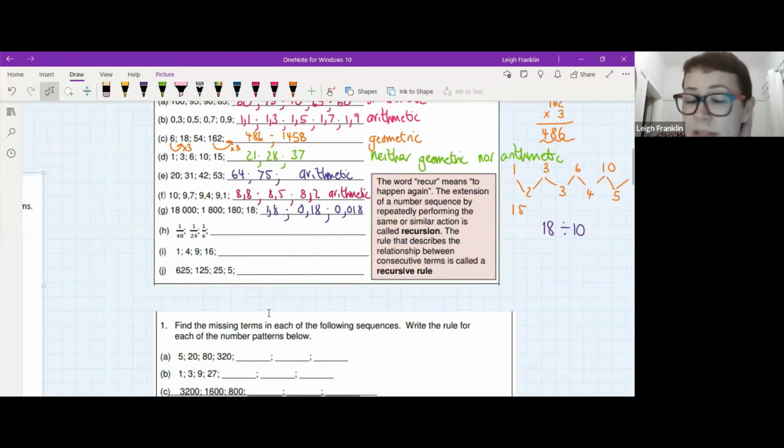Are we minusing the same amount every time? No. Remember we said we were dividing by 10, didn't we? Yes. Okay, so if we're dividing, then it means it has to be a geometric pattern. Okay, so G is geometric, because we are dividing by 10 each time.